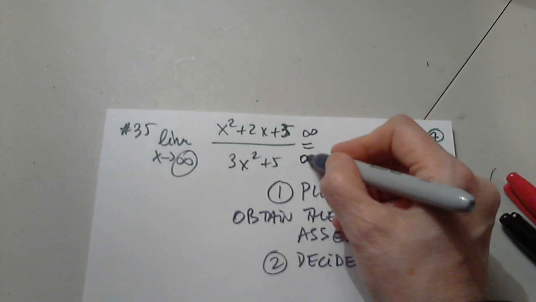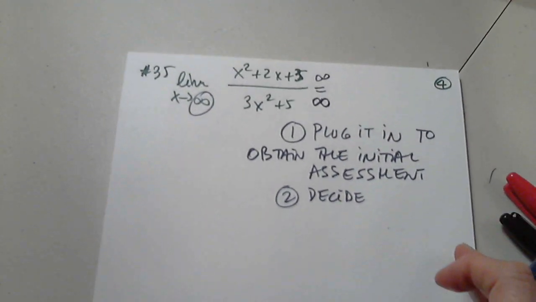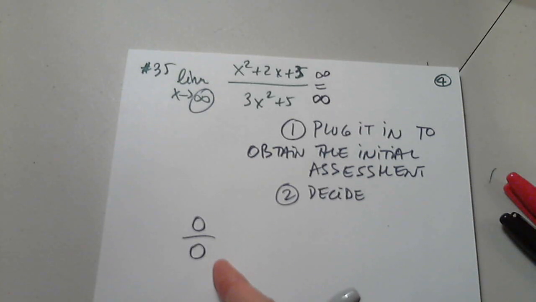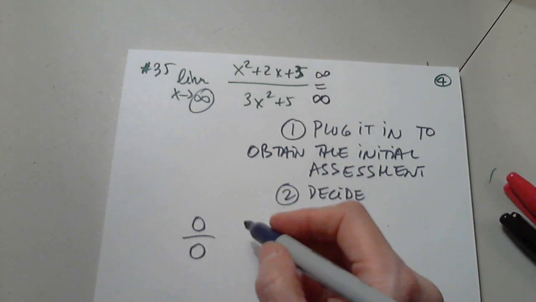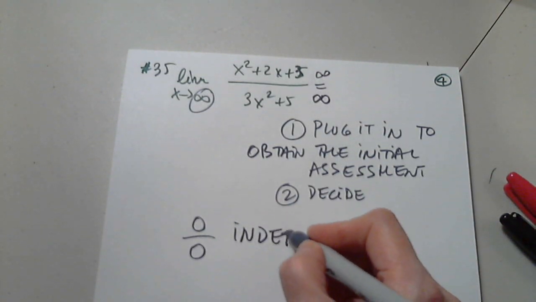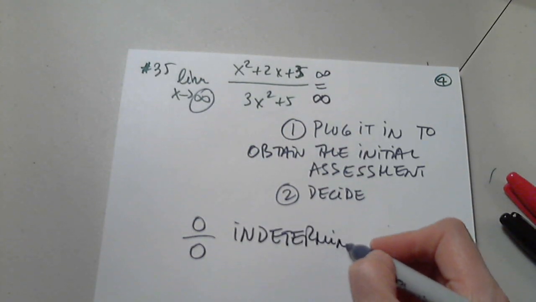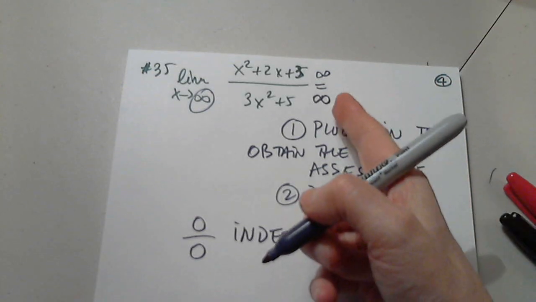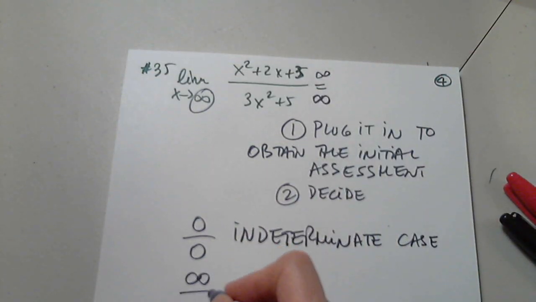Infinity? Exactly. So remember a few minutes ago we talked about this situation and we said that it has hope. This is called indeterminate. Indeterminate case. This is also an indeterminate case.